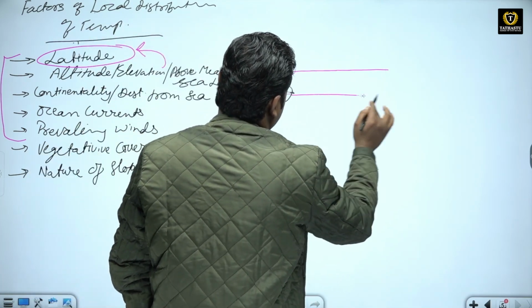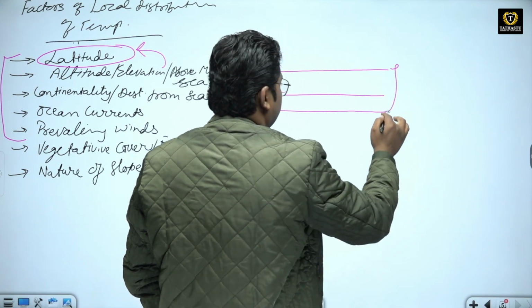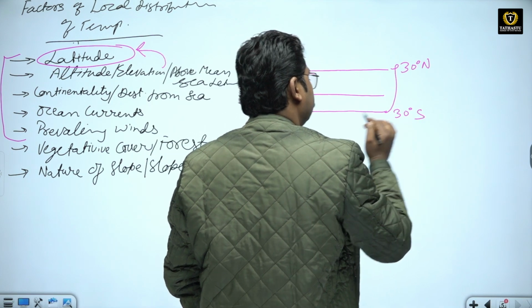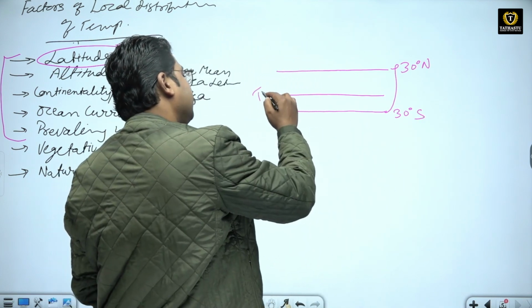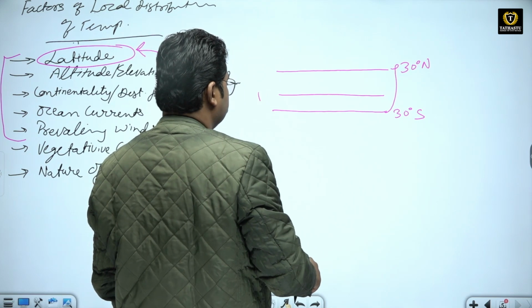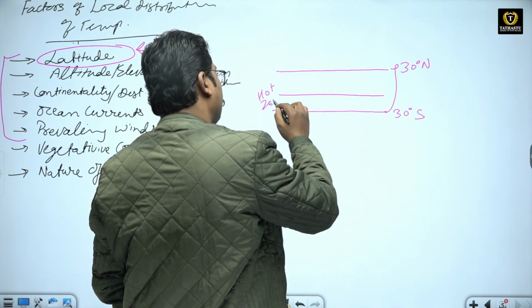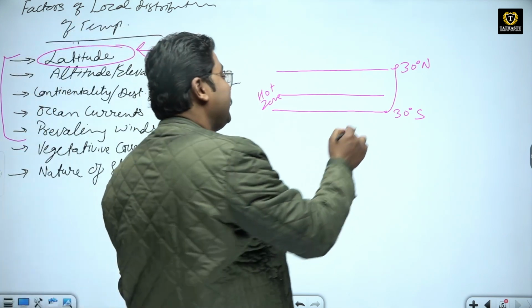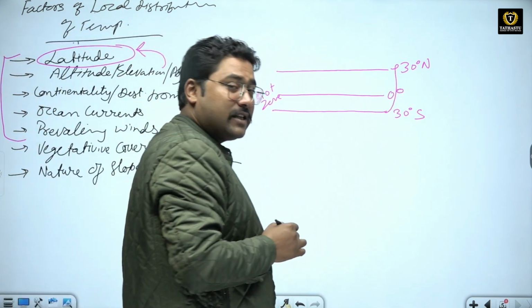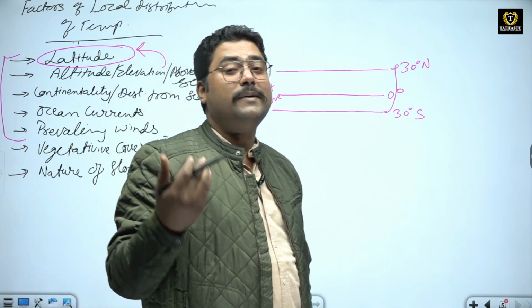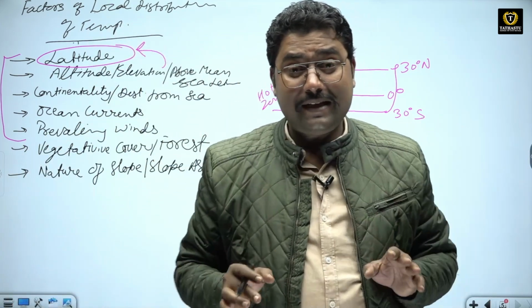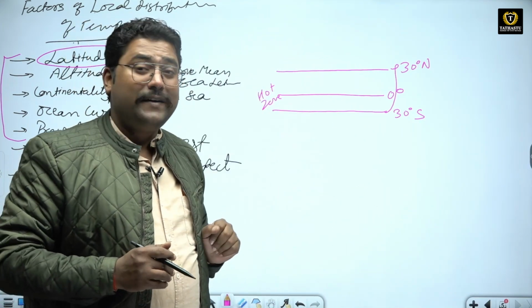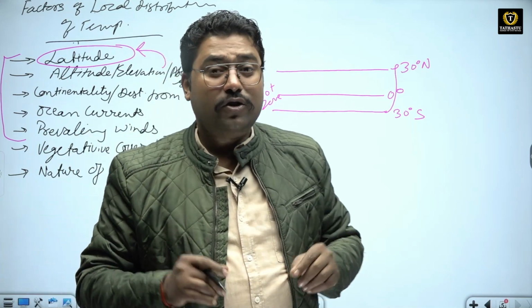Suppose the places which are located between 30 north to 30 south are basically the hot zone, we know, meaning the places will have very high temperature, and especially at 0 degree, the equator, as we know, throughout the year the temperature will be high. This means there will be no such place on the equator or in the torrid zone which will have low temperature. So it's wrong.